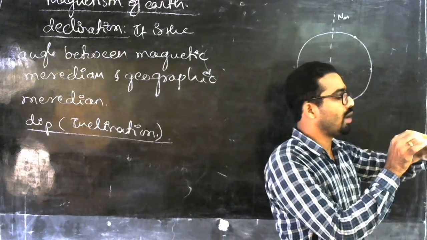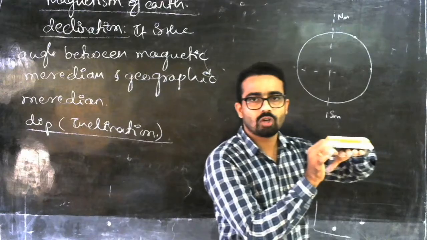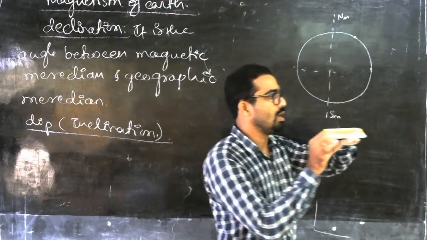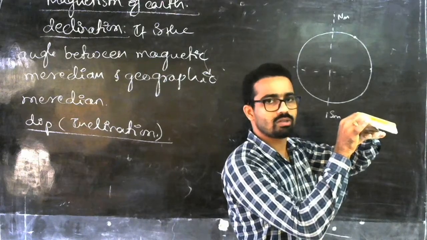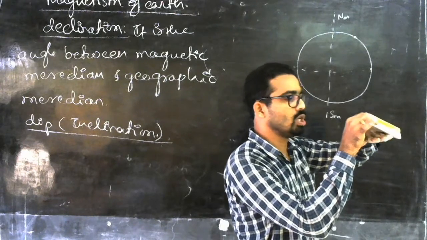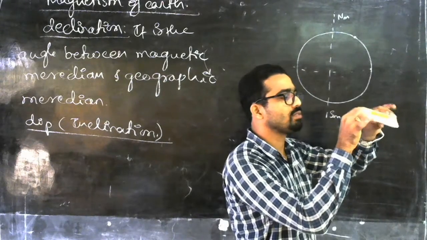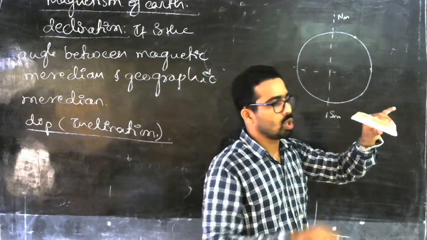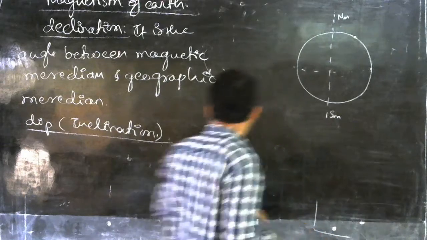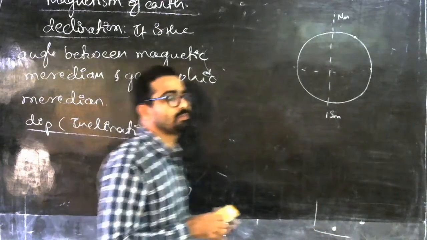This is our horizontal axis. Now it is tilting like this, and it will form some angle here with the horizontal. That is known as the angle of inclination.